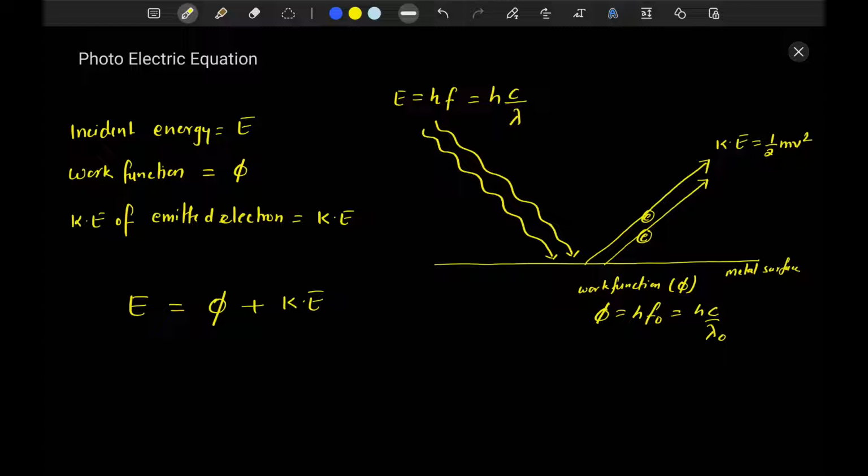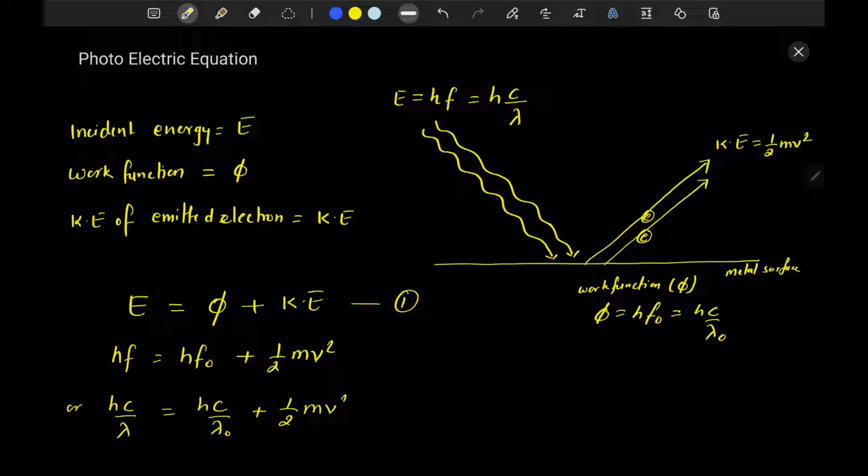So with these values, equation 1 can be further written as hf is equal to hf naught plus half mv square, or hc by lambda is equal to hc by lambda naught plus half mv square.